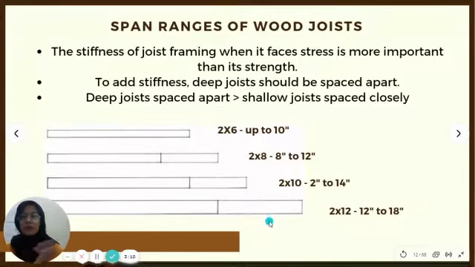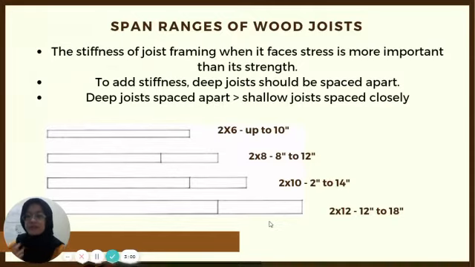So when we talk about wood joists, it's a lot more important for wood joists to have more stiffness than strength, because the stiffness of a wood joist determines how it reacts when it faces stress and how it resists deflection and deformation.